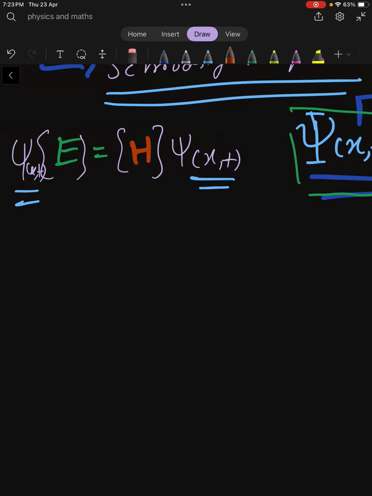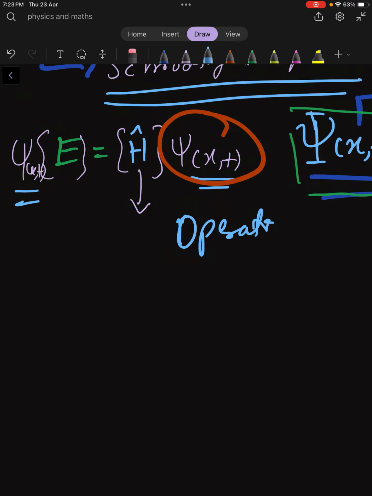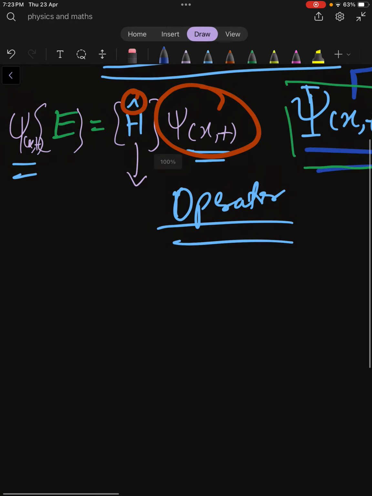Now, whenever we have a quantity that is multiplied with psi, this wave function, it becomes an operator. That's why I have to put a hat at the top. It's called a hat. It does look like a hat.